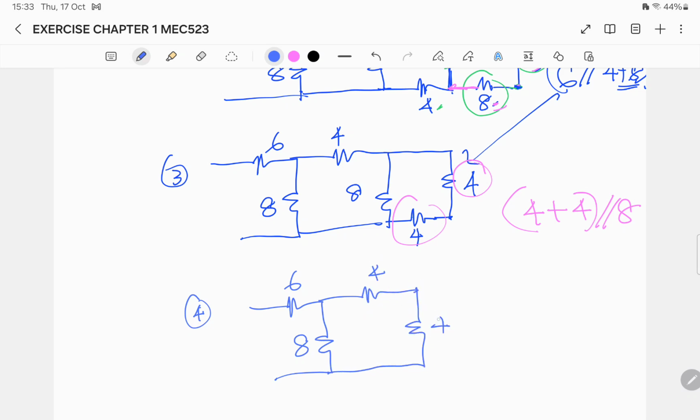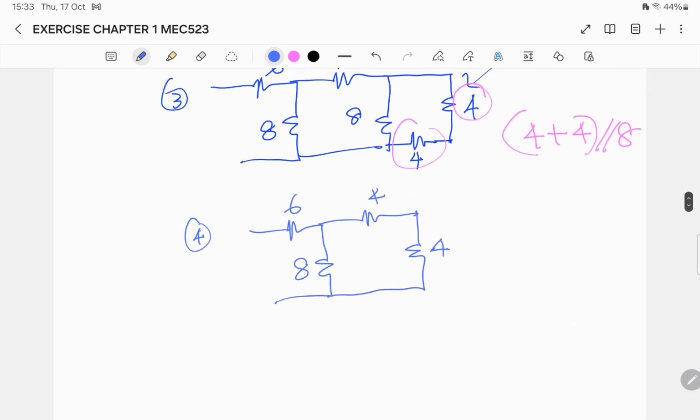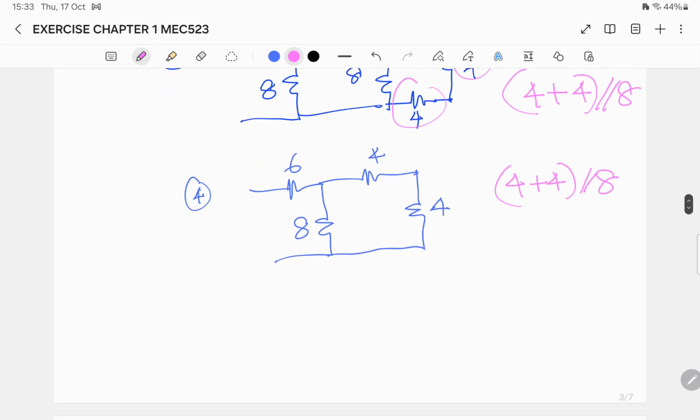Ni 4 juga. Okay. Next one buat apa pula? 4 tambah 4 lagi parallel 8 lagi. Okay, number 5. 6. 4.